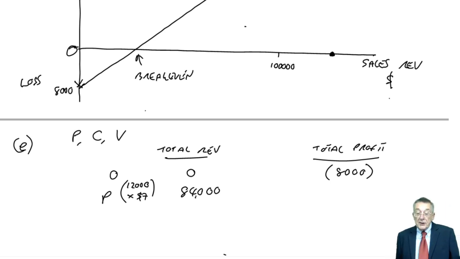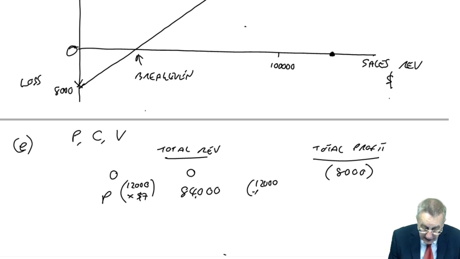We've still got the fixed overheads, obviously, but that will earn us contribution of 12,000 times $2.65. So the contribution we earn, 12,000 times 2.65, is 31,800.